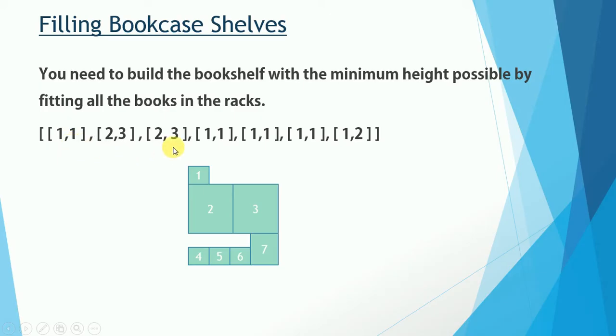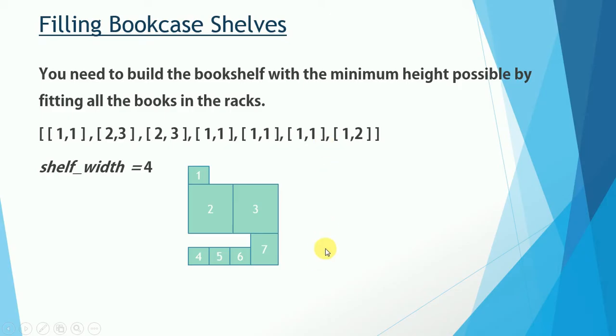For book number 3, the attributes are 2, 3. So 2 represents the thickness and 3 represents the height. The shelf width is 4. That means books with a combined thickness of equal to or less than 4 only can be placed on a particular rack. So this is the arrangement which is going to give you the minimum height of the bookshelf.